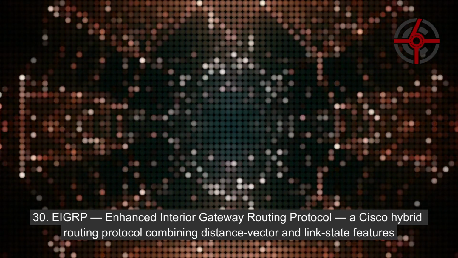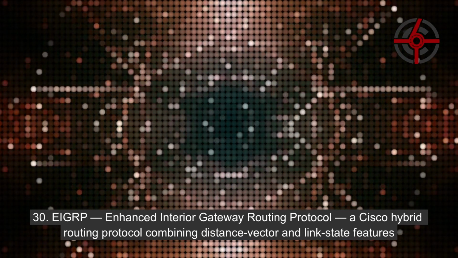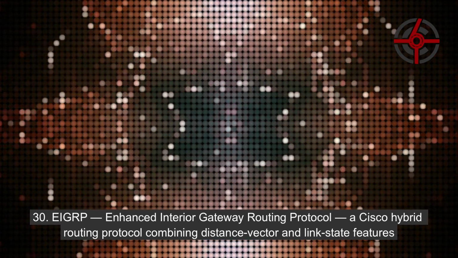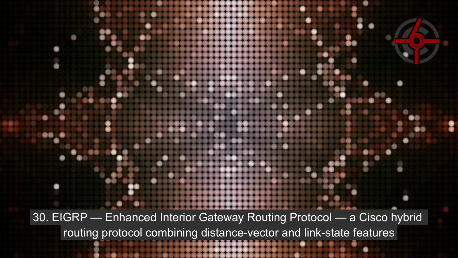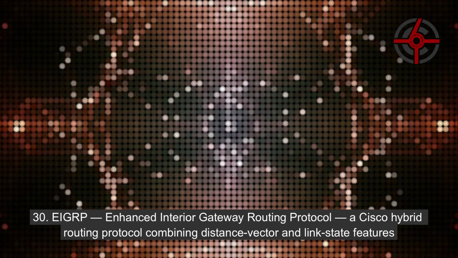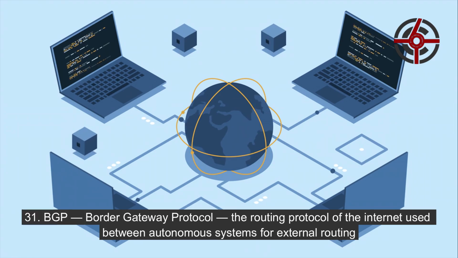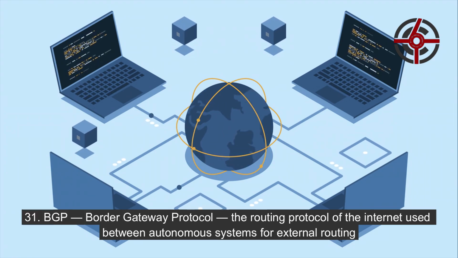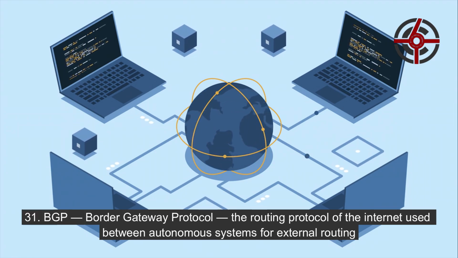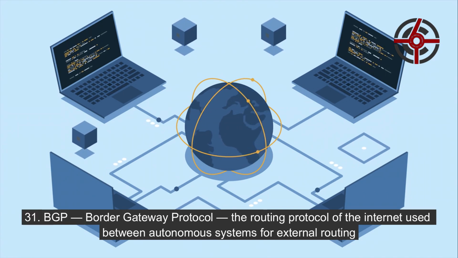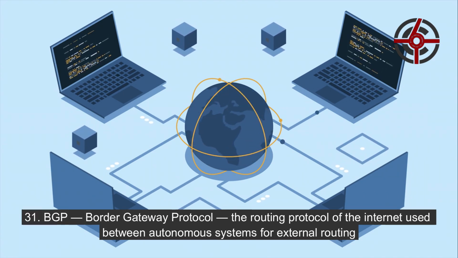EIGRP. Enhanced Interior Gateway Routing Protocol. A Cisco hybrid routing protocol combining distance vector and link state features. 31. BGP. Border Gateway Protocol. The routing protocol of the Internet used between autonomous systems for external routing.